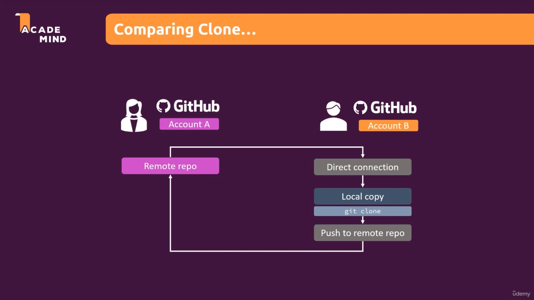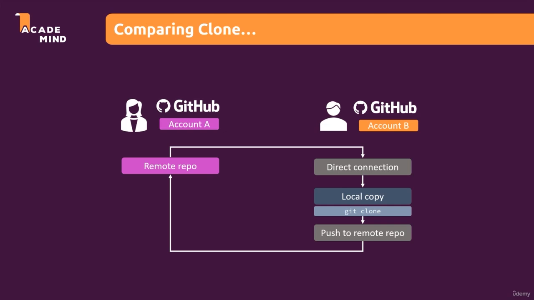This process works perfectly, but you need to be a collaborator, for example, of the account that holds that remote repository. As I said, for the open source case I mentioned here, where basically anybody could have the ability to contribute to this project, this would not be the case.